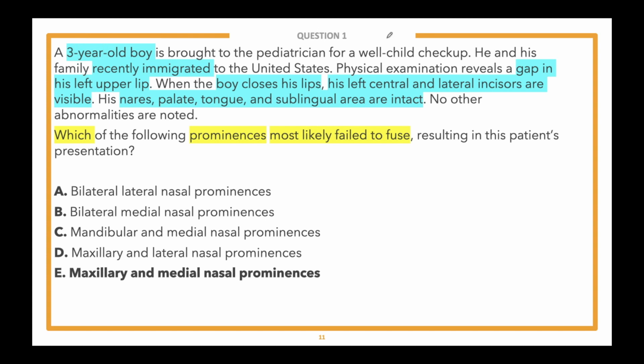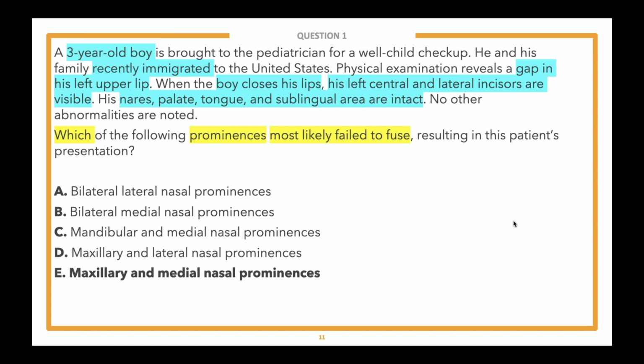Answer choice B, this would cause a failure of fusion, but this would be directly midline. We're told that this is a lateral lesion. It's the left upper lip. We can see his lateral incisors, so we know this is not directly midline in that upper lip.